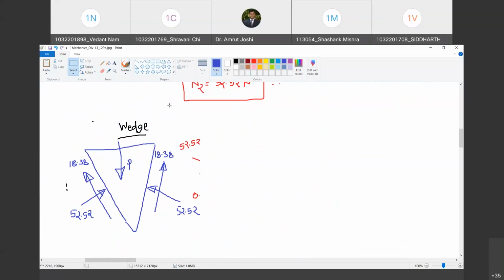Now, here, can I apply summation Fy equal to 0? Yes, sir. And that is going to give me the value of P. So what is the summation Fy equal to 0? Minus P. By the way, this angle is 75. Happy? Yes, sir.